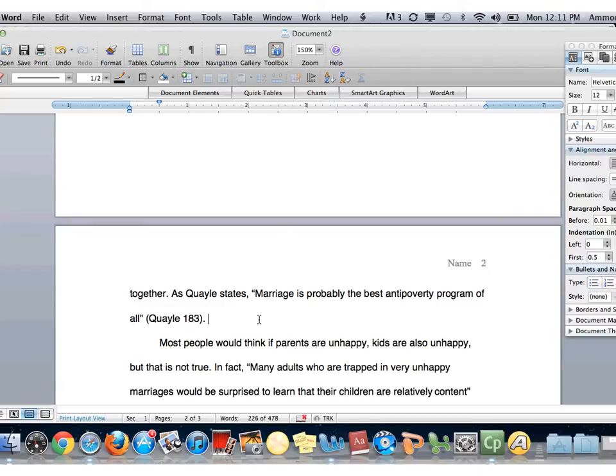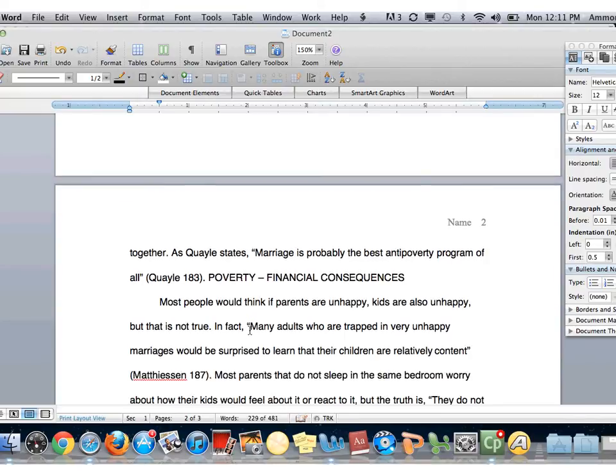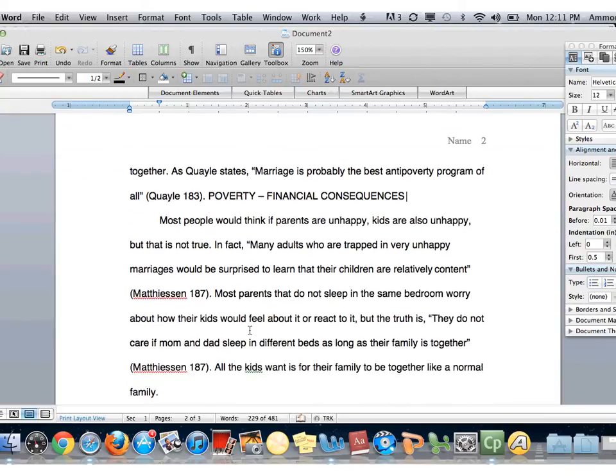The second paragraph, she focuses on poverty, or in other words, the financial consequences specifically. The third paragraph, she focuses on happiness. Are the kids happy? Are they unhappy? Or in other words, the emotional stability.